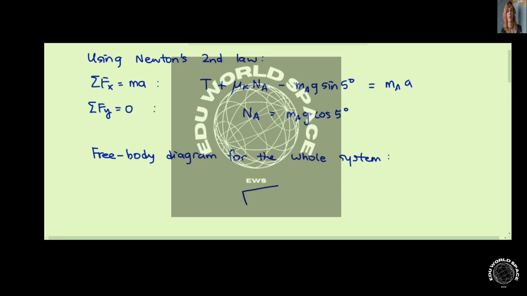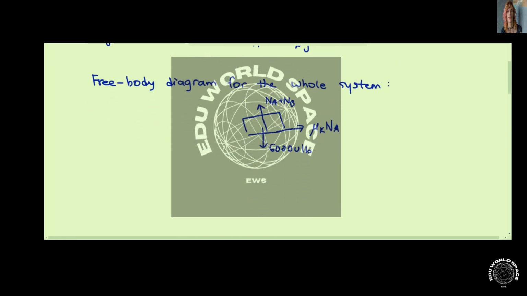I'm just going to use a big block to represent 50,000 pounds of weight, and then there's a normal force of A and B, but the friction on it is due to the friction on A. The acceleration is pointing up along the incline, so the summation of forces along x is equal to ma.